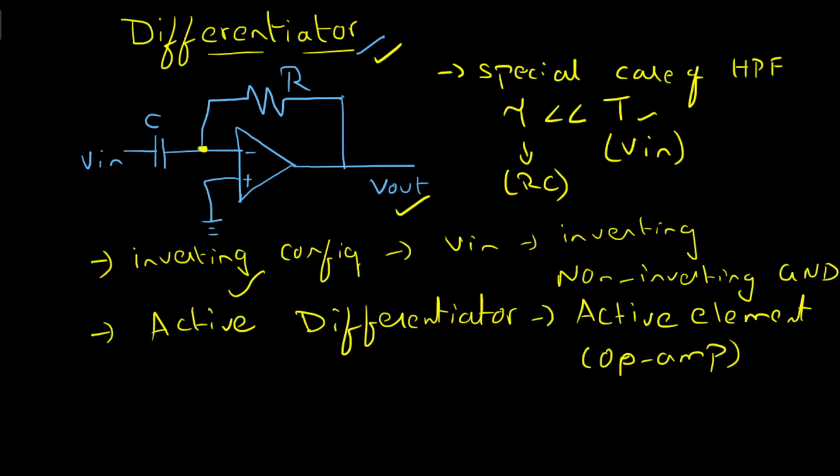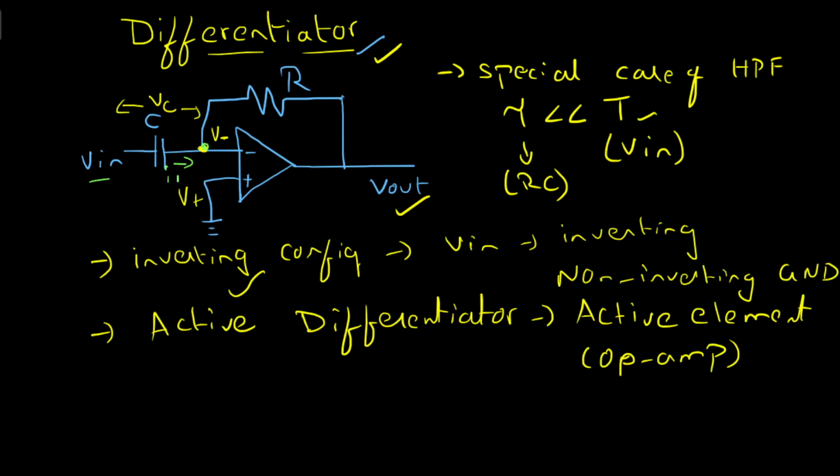Okay. Now let us assume the potential at the inverting terminal is V minus and the potential at the non-inverting terminal is V plus, and the voltage across this capacitor is Vc. Now let us assume that the current flow due to this input source Vin is I1. This current I1 reaches the node V minus.